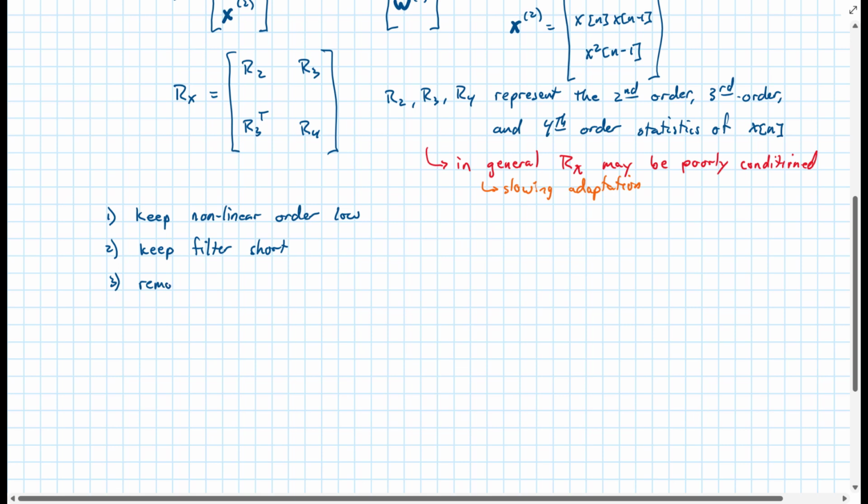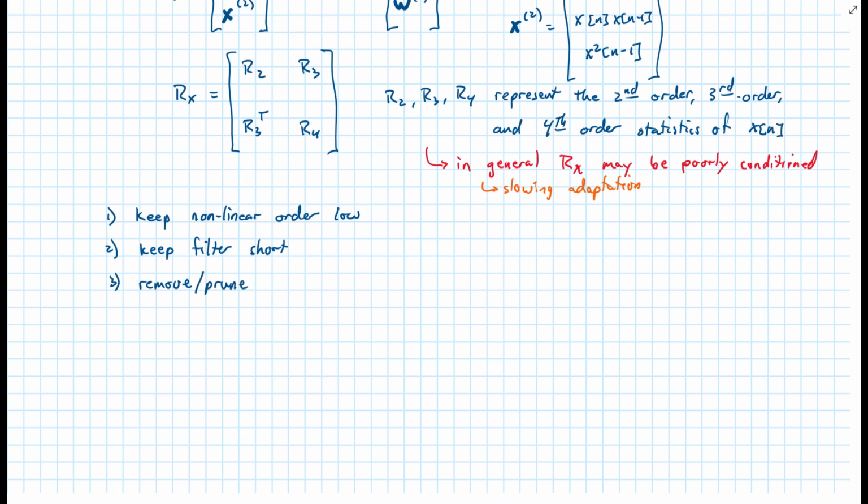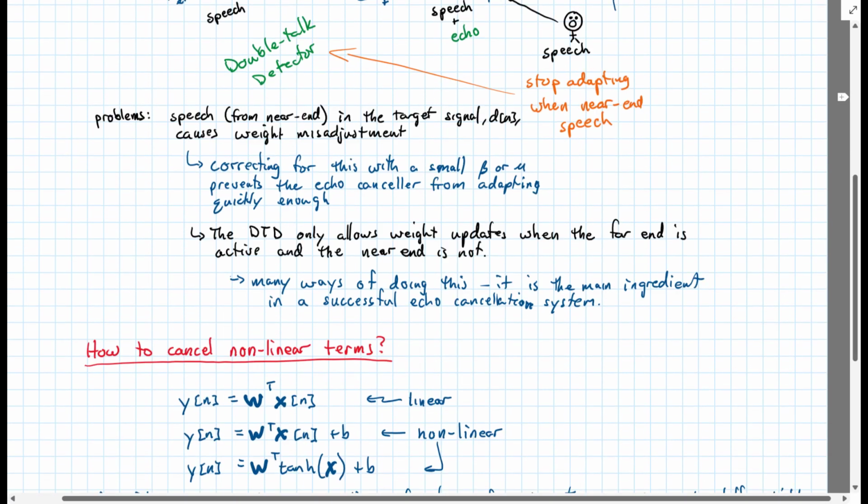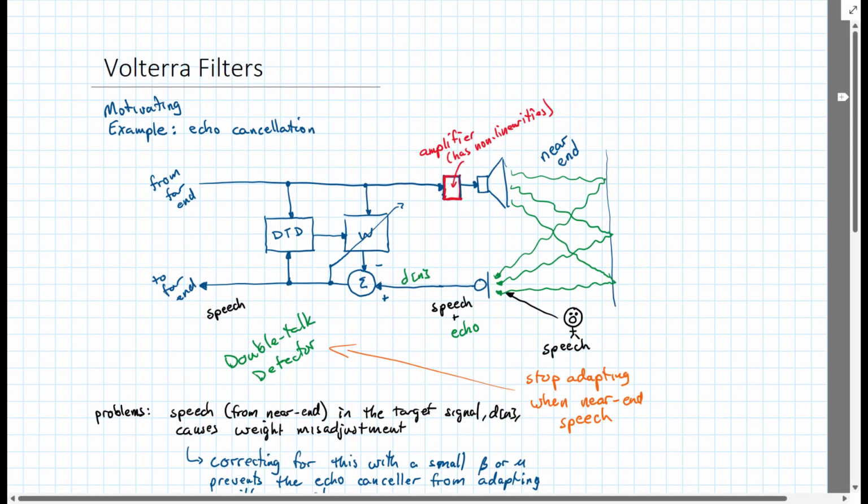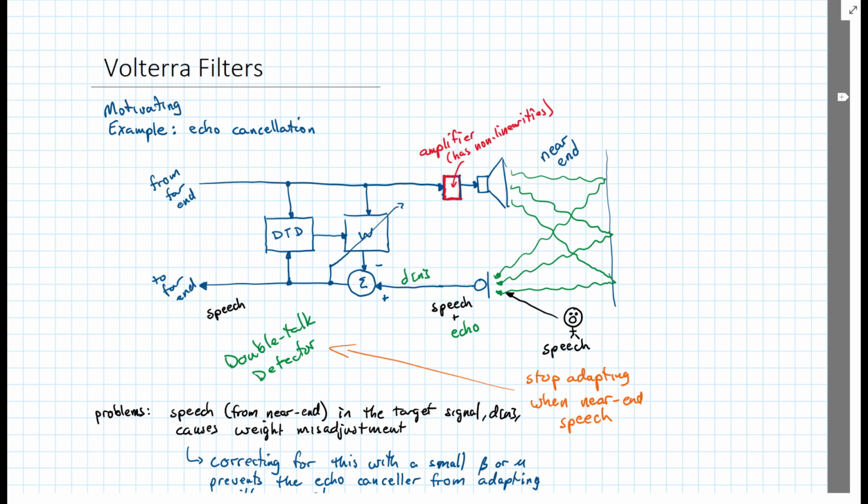And very importantly, remove or prune, if you will, the higher order terms that are not needed. So if we go back to our motivating example, it's very likely that the nonlinearities are zeroth order nonlinearities.